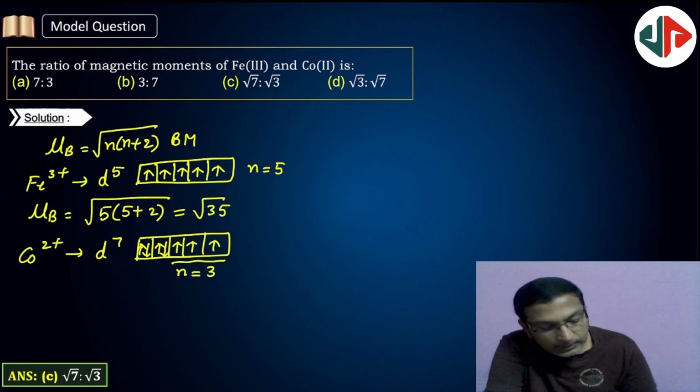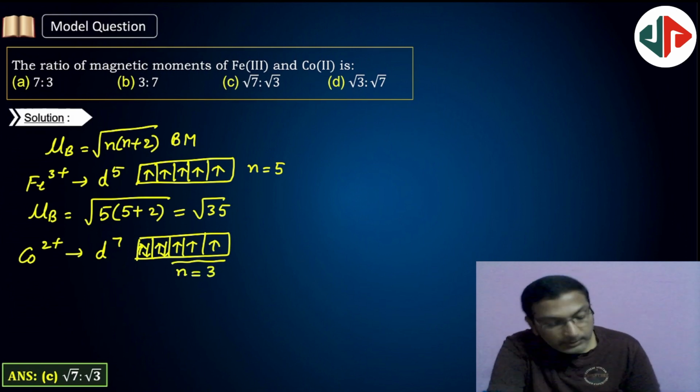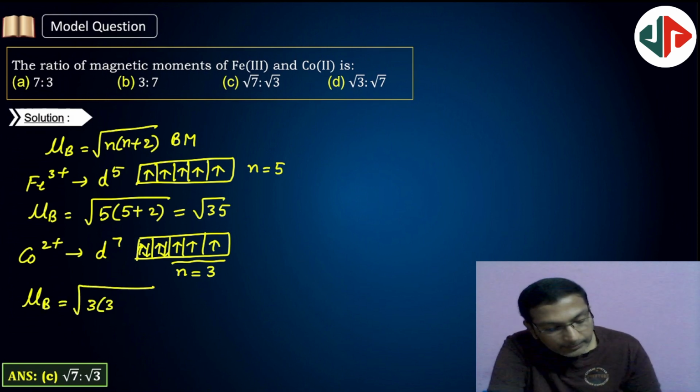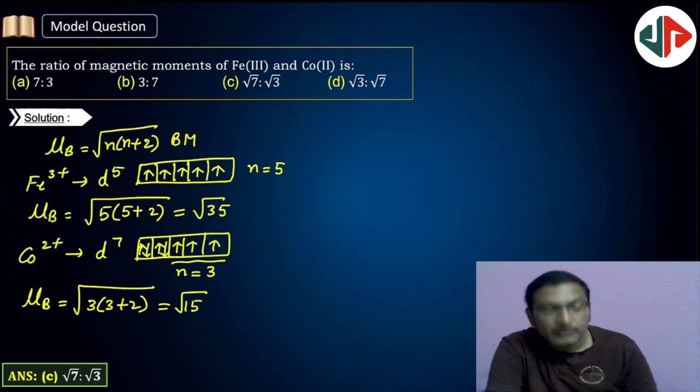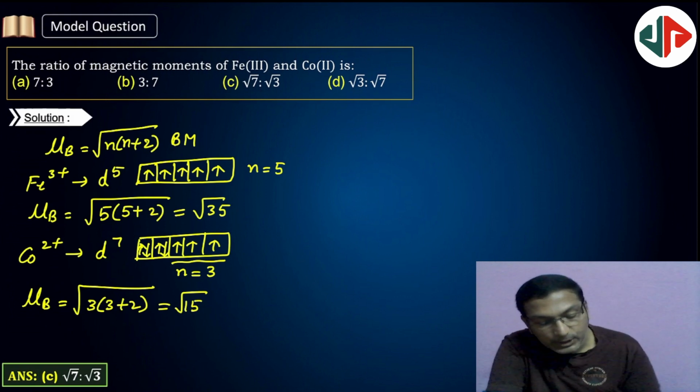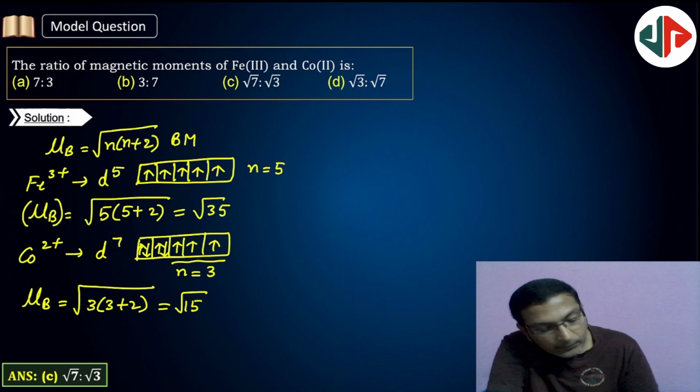N equal to 3. So therefore, mu equal to root of 3 into 3 plus 2, root 15. So here it is asking ratio. So this is mu 1 and mu 2.